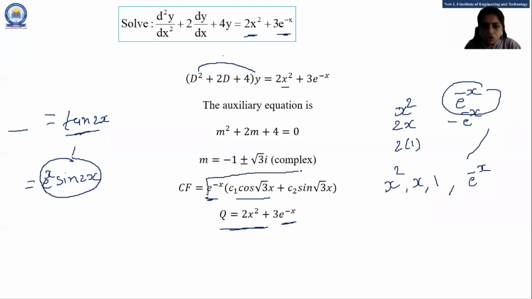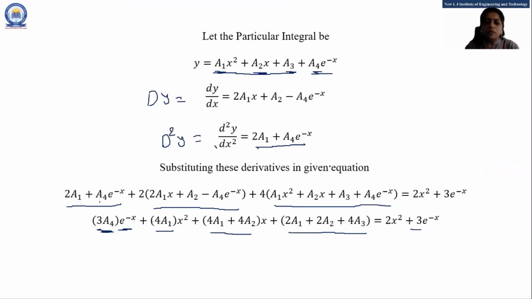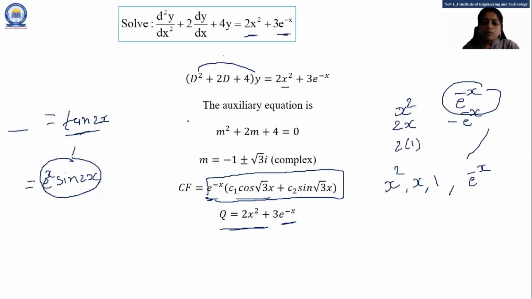So in your complementary function, multiple of C1 is e raised to minus x cos root 3x, and C2 is e raised to minus x sin root 3x. And in your assumed particular integral, there is x square, x, constant term, and e raised to minus x. So all terms in the assumed particular integral and the complementary function are different. There is no common term, right? And it is compulsory that there should be no common term.